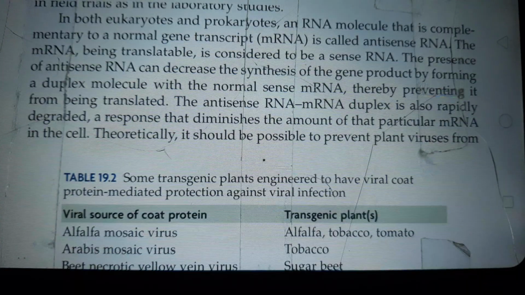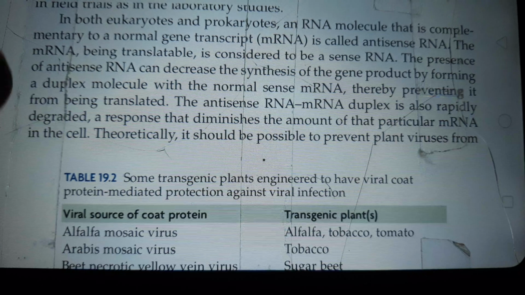In both eukaryotes and prokaryotes, an mRNA molecule that is complementary to a normal gene transcript mRNA is called antisense RNA. The mRNA, being translatable, is considered to be a sense RNA. The presence of antisense RNA can decrease the synthesis of the gene product by forming a duplex molecule with the normal sense mRNA, thereby preventing it from being translated.